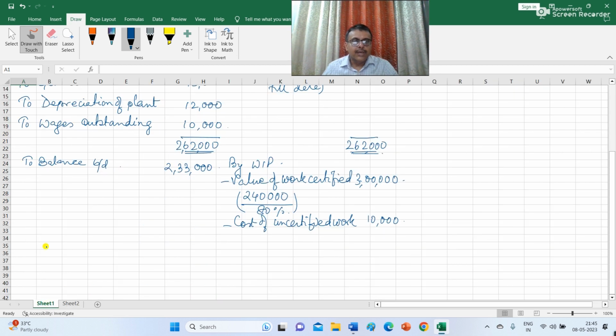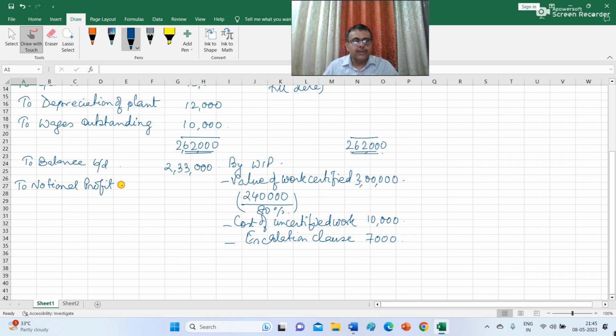So in the contract account, I have to write it here in this part as escalation clause for rupees 7,000. And the difference, you will get the notional profit.